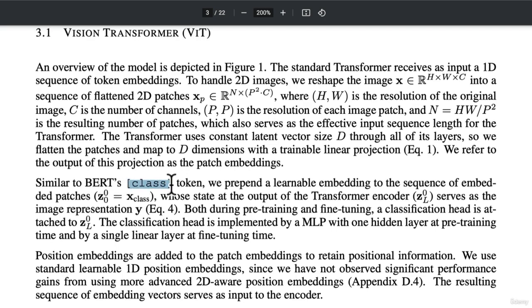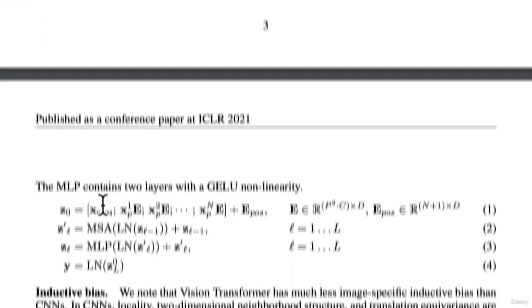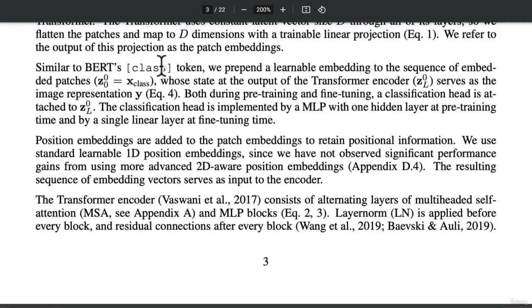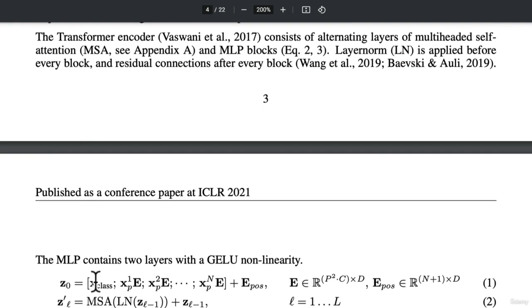So the class token is at the start of equation 1, and that's to represent the class that the sample we're trying to classify belongs to. So for the class token, we append a learnable embedding to the sequence of embedded patches. So that's the class token here.